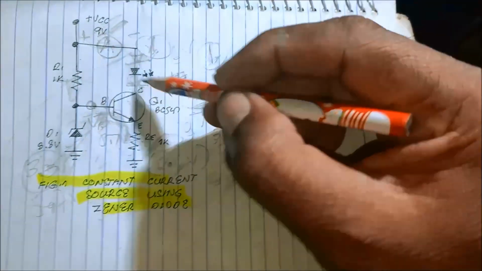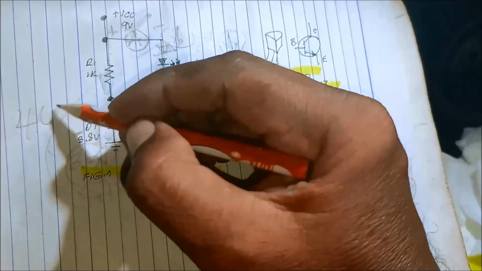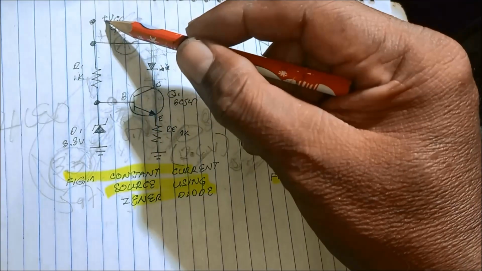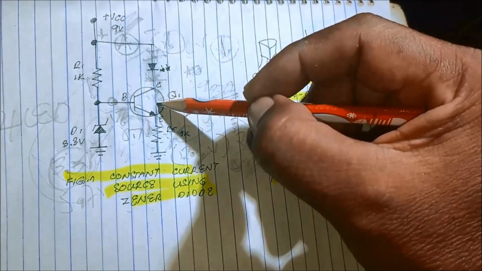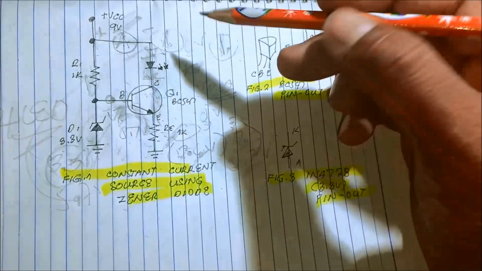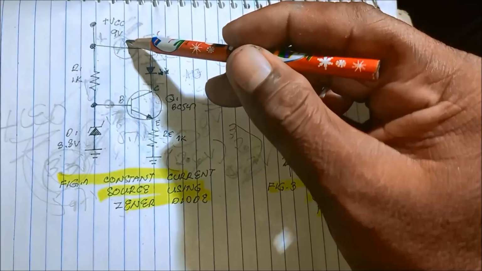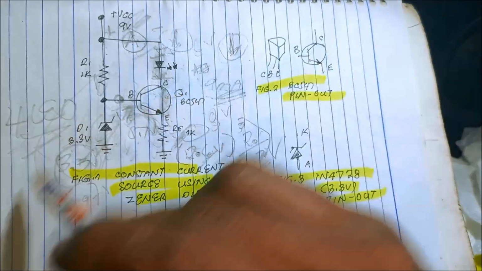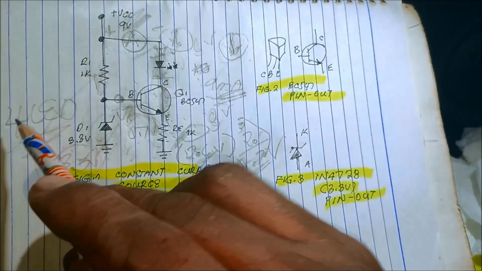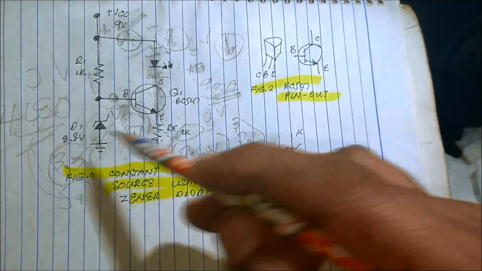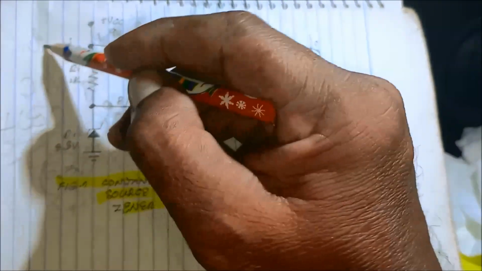Because if we connect 4 LEDs to the collector, there is not enough voltage to turn on these 4 LEDs, because each LED has 2 volts, which is equivalent to 8 volts.